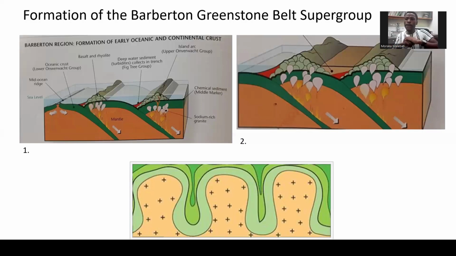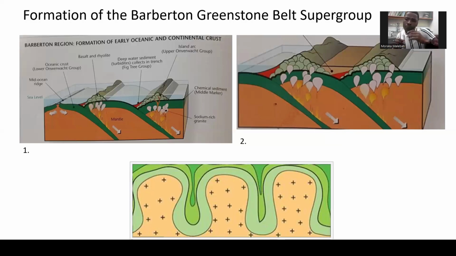All right, now as time progresses, we had these granodiorite plutons, which rendered the island arcs buoyant, so they could not be subducted.